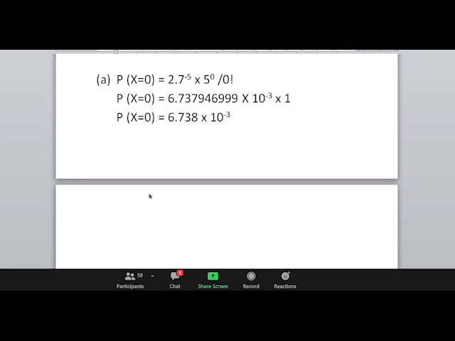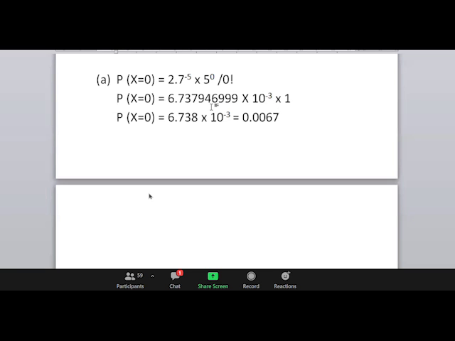This value can also be written as 0.0067. Is it correct? Yes, sir. I can move from here 1, 2, 3 steps, and this is the 10 to the power negative 3. So it can also be written like this. Actually, some calculators will give you directly like this.